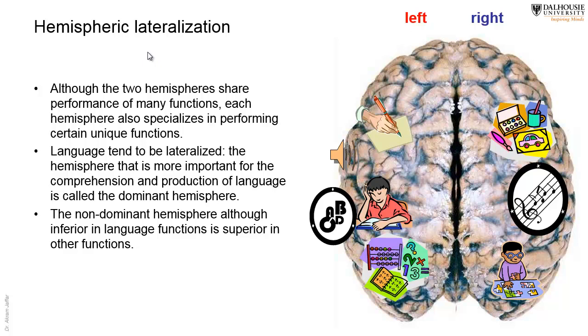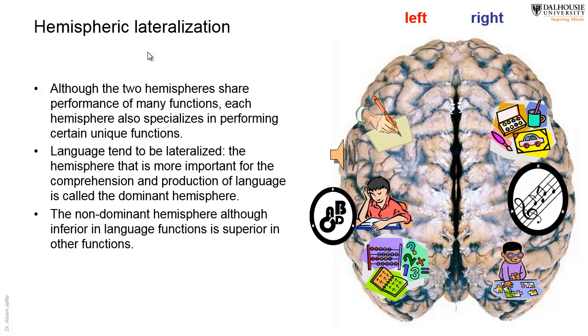The non-dominant hemisphere, which is usually the right, is more artistic. So when you hear music, you taste that music with your right hemisphere. When you look at a painting, you admire that painting and the art behind it. This is done in the right cerebral hemisphere. The left cerebral hemisphere is more mathematical and calculative.